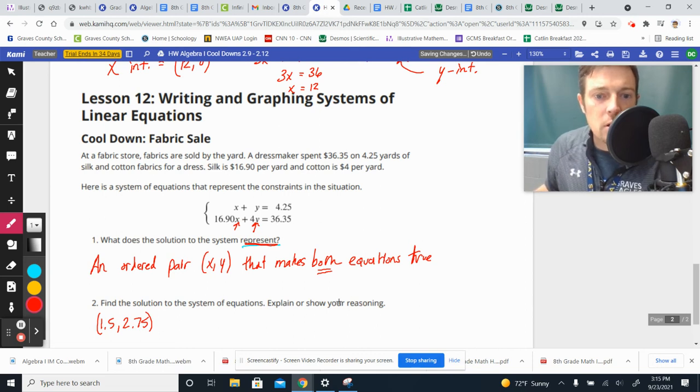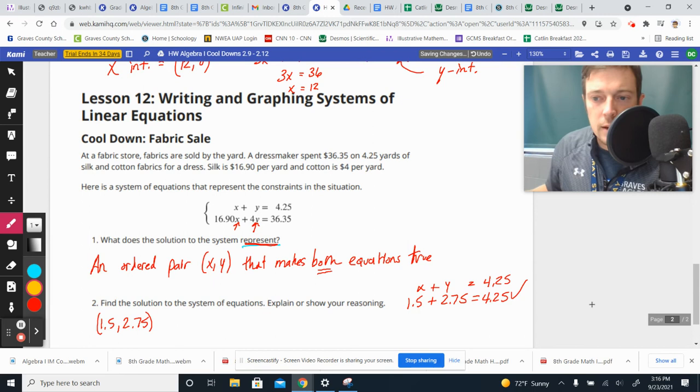So I think that would be a good way to show our reasoning, is to prove that that works. So let's show that. So 1.5 in for X plus 2.75 in for Y in the equation X plus Y equals 4.25. It works. It makes 4.25. So it's true.